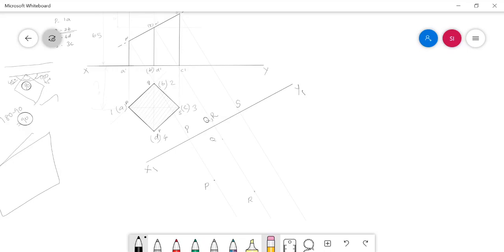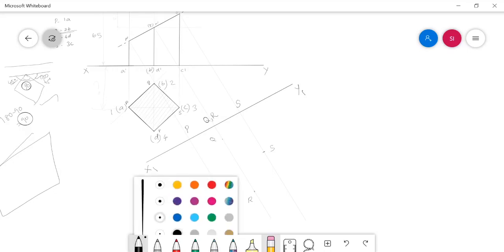The point S is below xy by this much distance, and here also in the projector of S below x1 y1 at the same distance, I can mark the point S. Now you need to connect PQRS with the HB pencil.